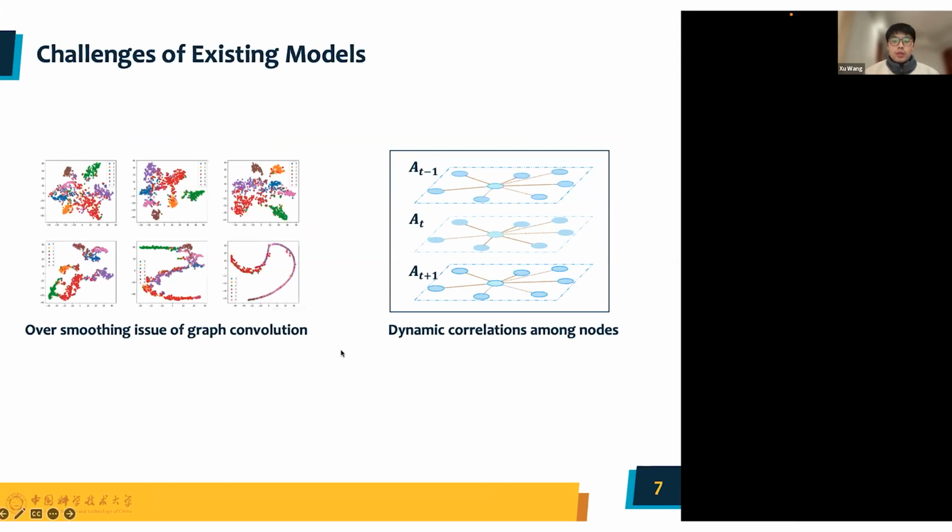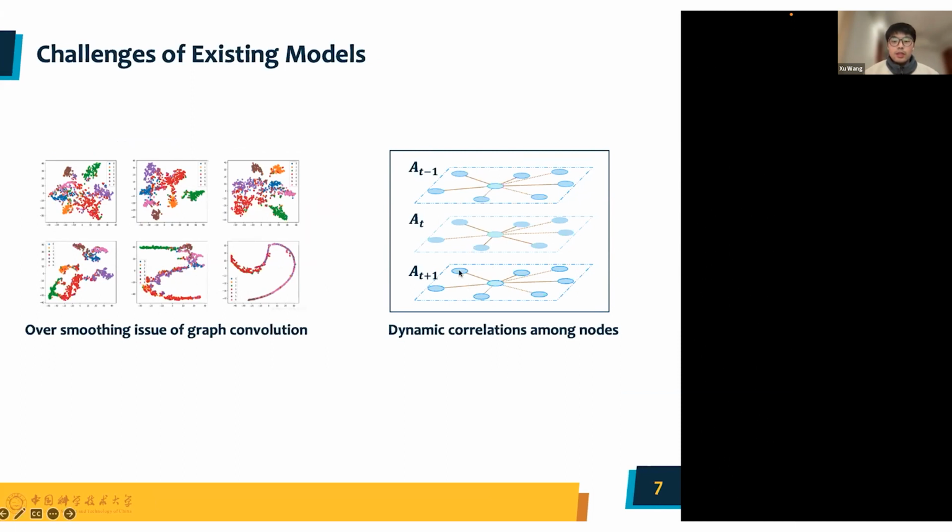However, graph convolution has the issue of oversmoothing. Oversmoothing issue means that when the number of layers of GCN increases, the features of different nodes become similar and the representational ability of GCN becomes poor.